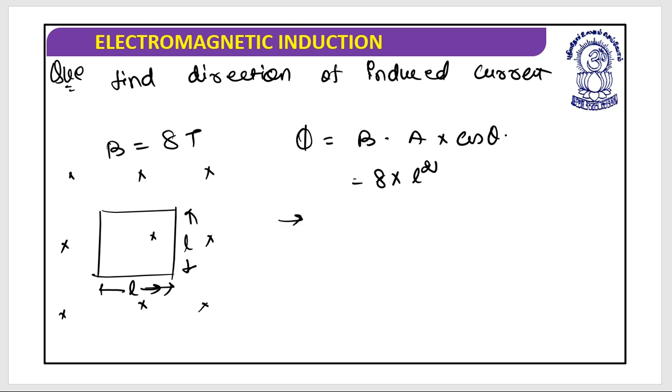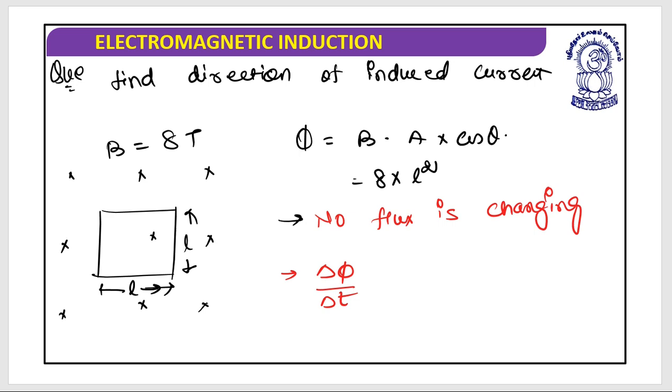So no flux is changing. If flux is not changing, delta phi by delta t would be 0, so the EMF would be 0. So the induced current would be 0. If the induced current is 0, there is no need to find the direction of induced current.